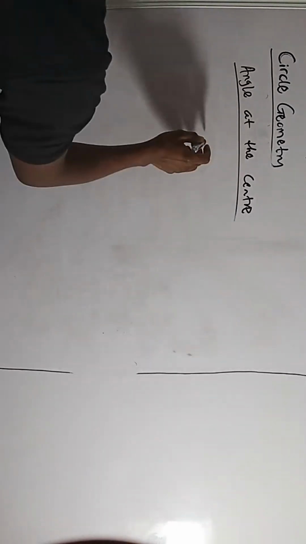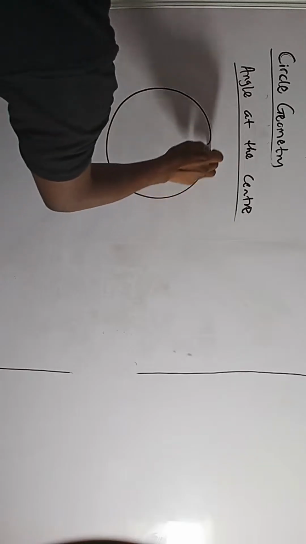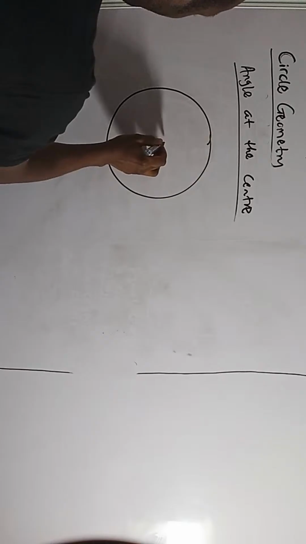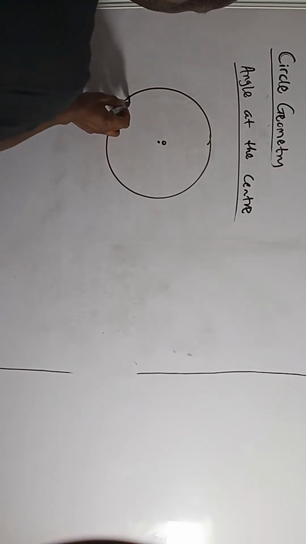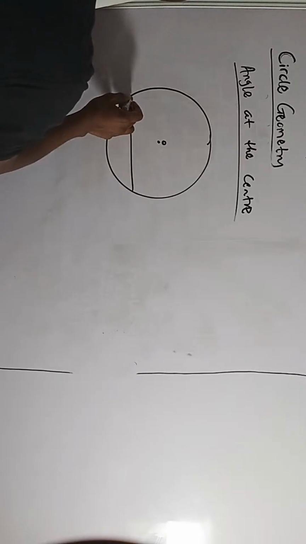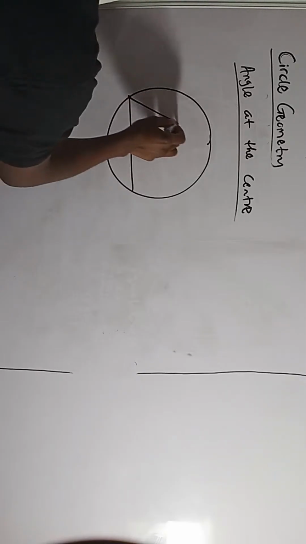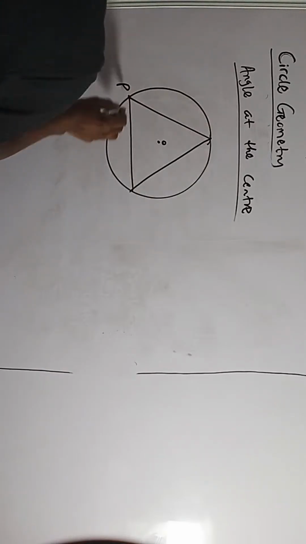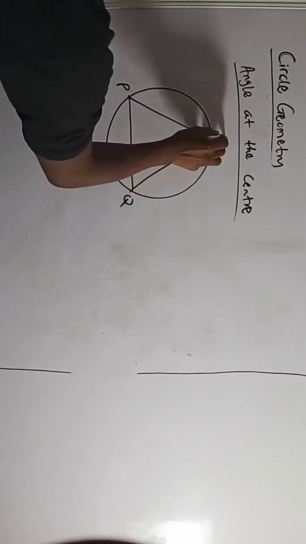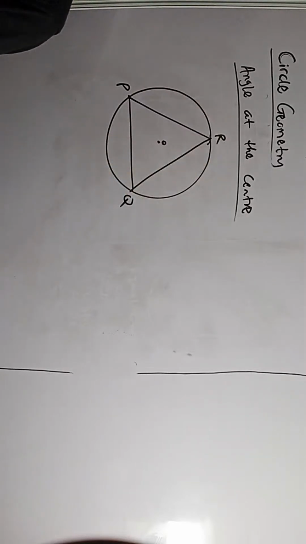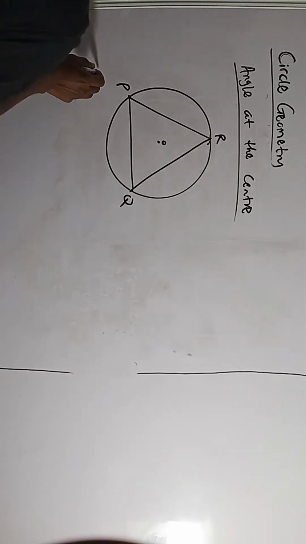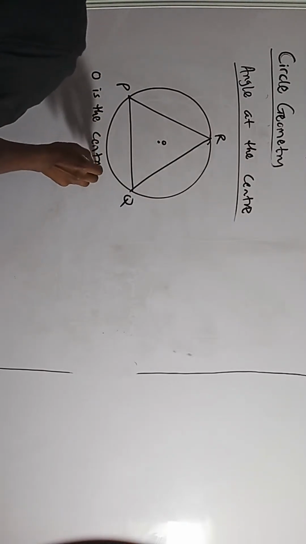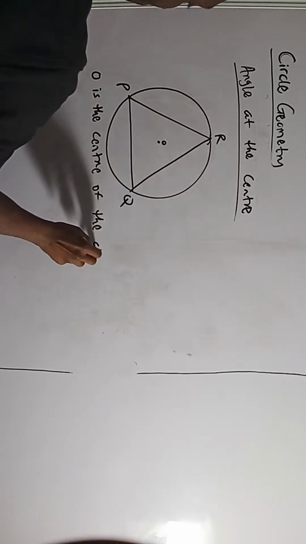And let me draw the circle. This is P, this is Q, this is R. So O is the center of the circle.